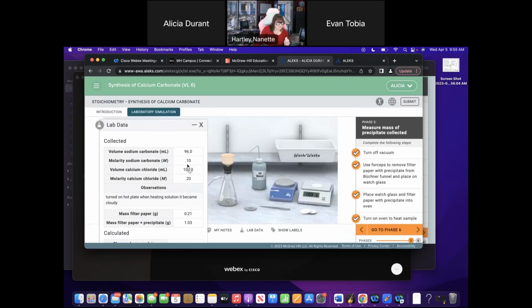Then I did my 1 mole of sodium carbonate and my 1 mole of calcium chloride, and I canceled out those units, and it gave me 96 milliliters times 0.10 divided by 1,000. Yes. Okay, and then I got 0.0096, right? Yes.